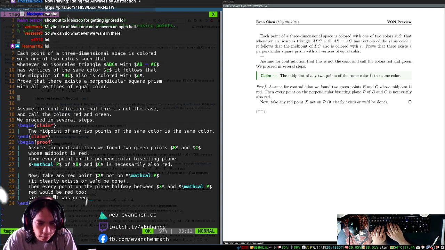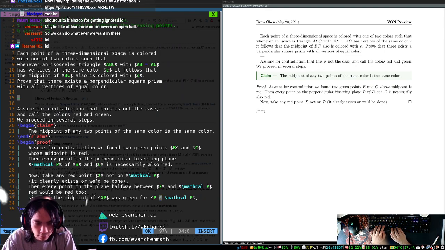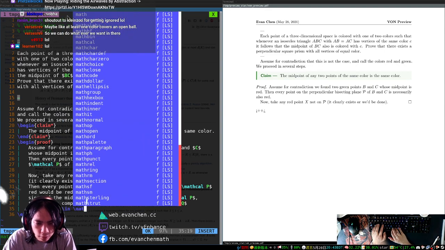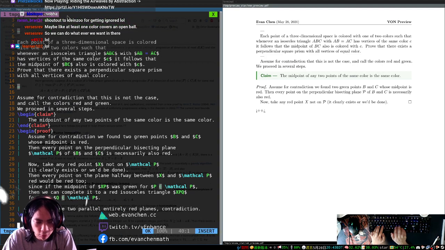Since if the midpoint of XP was red, it was green for P and P, then we can complete it to a square. So since we have two parallel entirely red planes, contradiction. Cool.